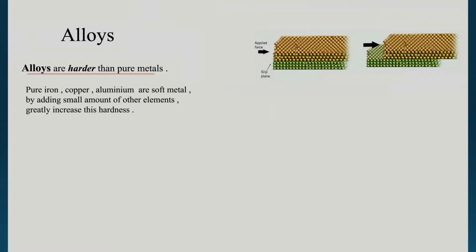When pure iron, copper or aluminium, all these soft metals, have a small amount of other element added to them, you greatly increase the strength and hardness. This is alloy. That's alloy.